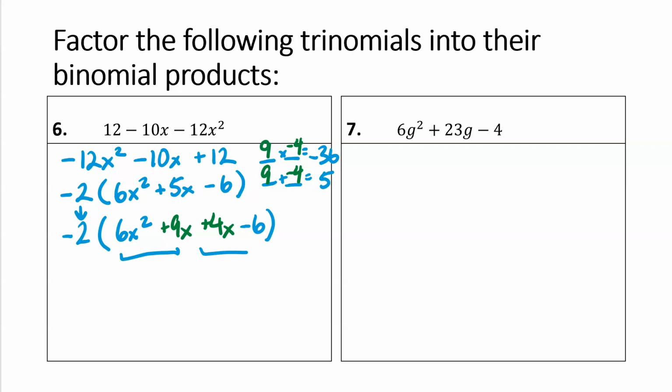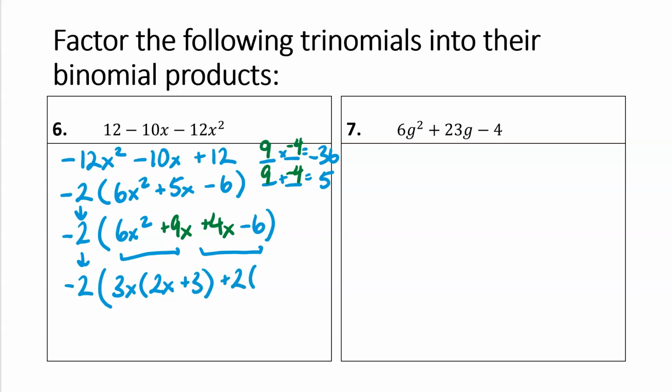We look for our pair of binomials, and for each pair, we'll factor out the greatest common factor. So we have our negative 2 still. And for the 6x squared plus 9x, we can factor out a 3x. So 3x times 2x is 6x squared. 3x times a positive 3 is 9x. For the 4x minus 6, we can factor out a positive 2.